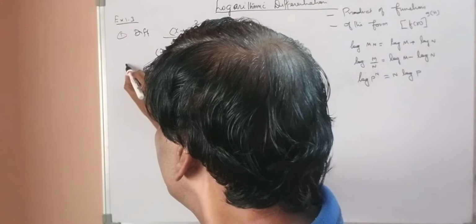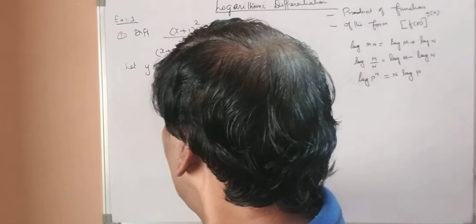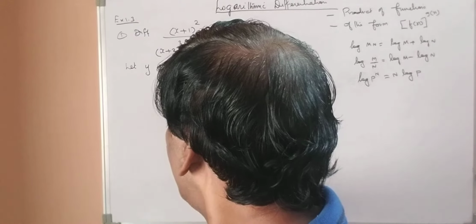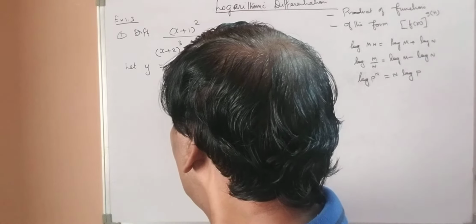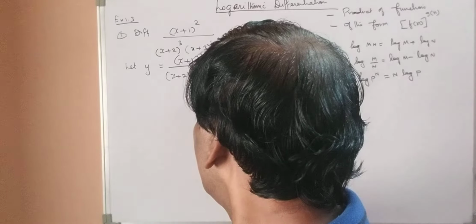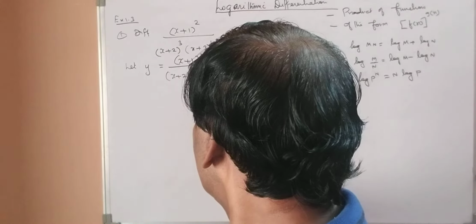So let y equal to (x plus 1) the whole square upon (x plus 2) the whole cube into (x plus 3) the whole raised to 4.